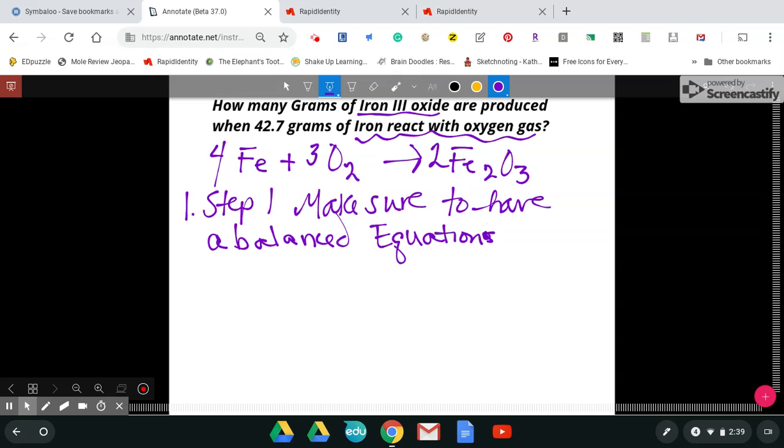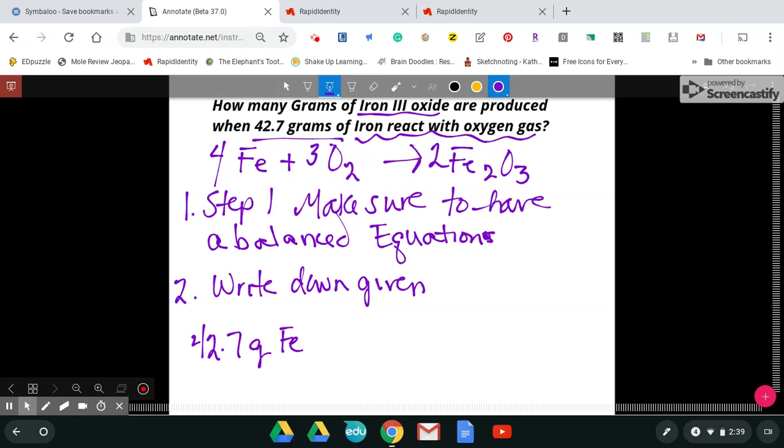Step 2, always write down your given. So here is my given amount, 42.7 grams of iron. Step 3, you've got to have it in moles.